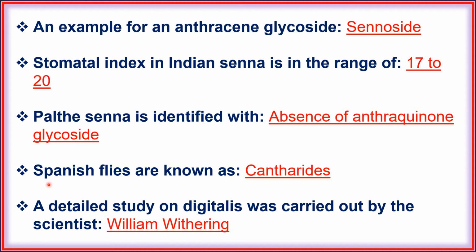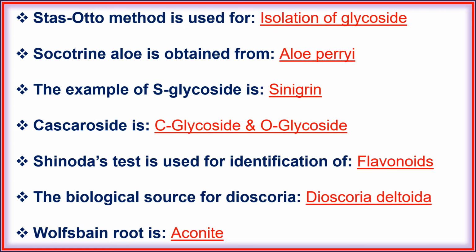Next, Spanish flies are known as cantharides. Next, a detailed study on Digitalis was carried out by the scientist William Withering. Next, Stas-Otto method is used for isolation of glycoside.